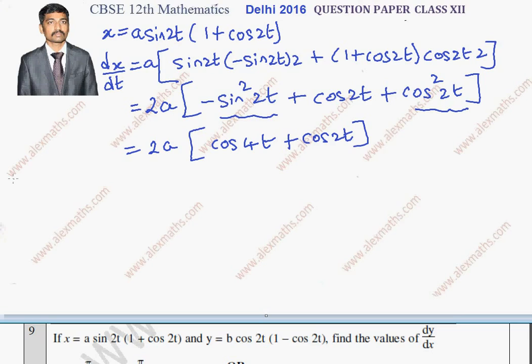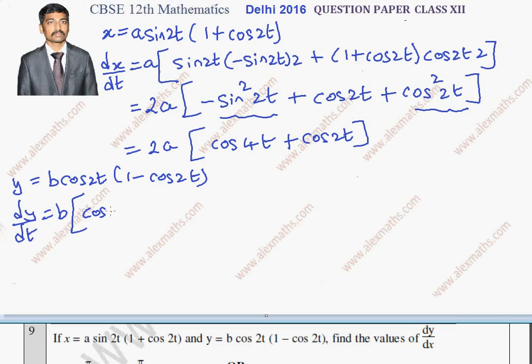Now coming to y. y is given as b cos 2t into 1 minus cos 2t. Now we have to find dy by dt. b is constant. So by following the UV method, cos 2t into, this is going to be sin 2t into 2, plus 1 minus cos 2t into minus sin 2t into 2.